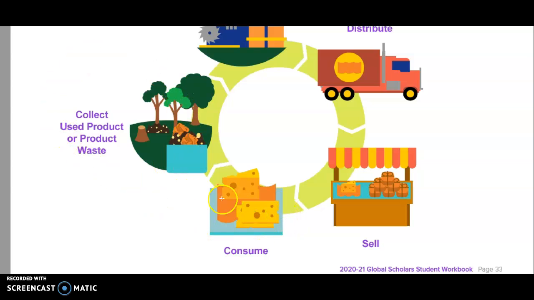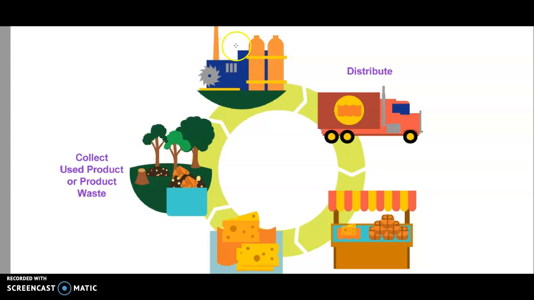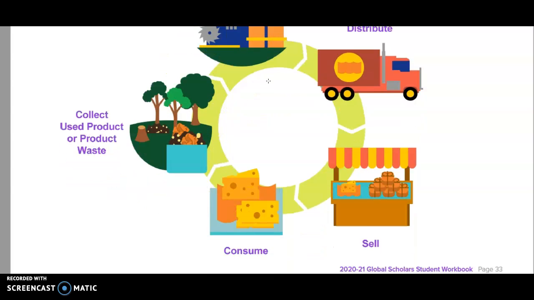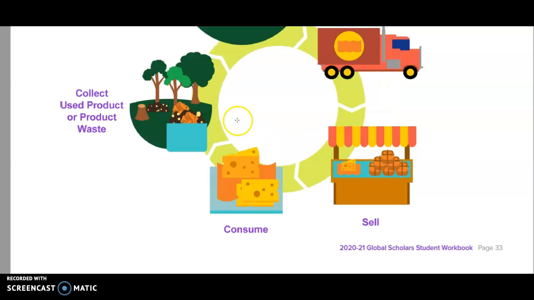And then after we consume them, we collect the used products or product waste. Yes? And with those products that are not useful anymore, maybe we can do something else. Yes? For example, with waste of paper, yes, we can make again new paper. And that's a cycle.